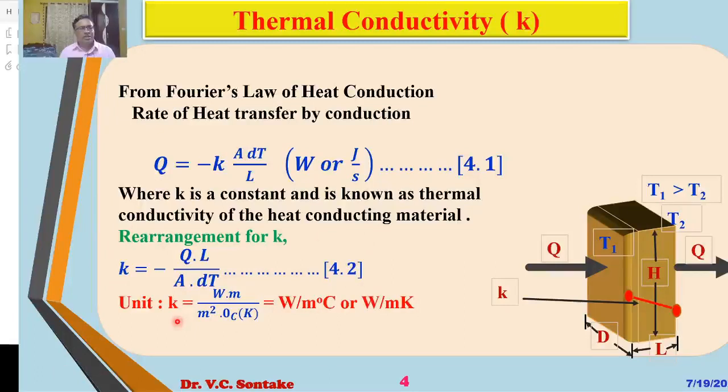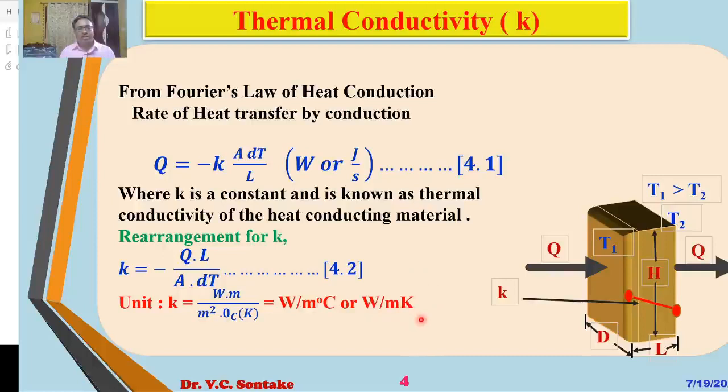In this equation, if I put the unit of Q as watt, L as meter, A as meter square, and unit of dT as degree Celsius or Kelvin, the unit of K comes out as watt per meter degree Celsius or watt per meter Kelvin. So we can take either of the units.